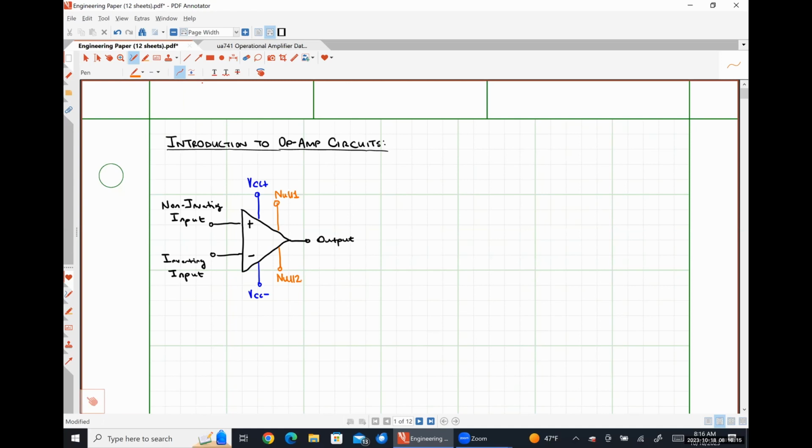We are not going to see them, like I said, in this class at all, unless you're doing some sort of high precision amplification, so like biomedical engineering students might be trying to amplify a very small signal from a sensor that's measuring brain function or something like that. Unless you're doing something that's highly sensitive, the offset null pins really don't play any role whatsoever. It's just when you're doing high precision measurements that you would ever need to use them. I just wanted to mention them because they're on the diagram.